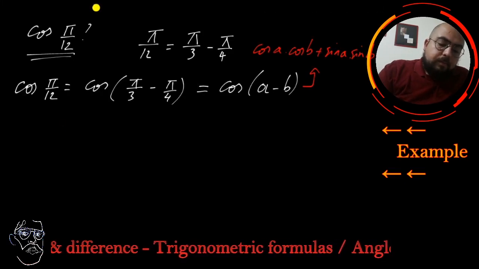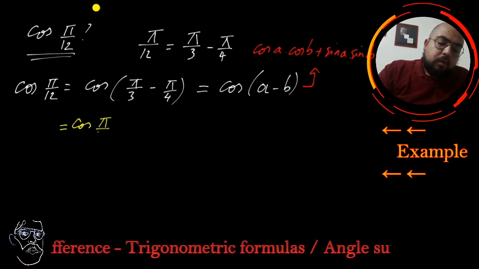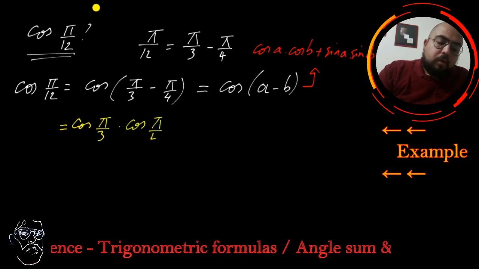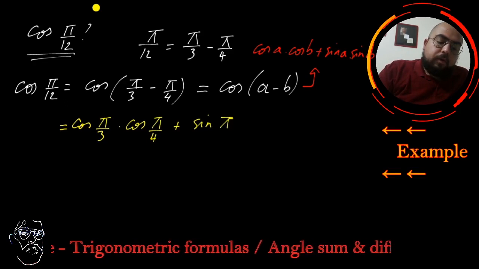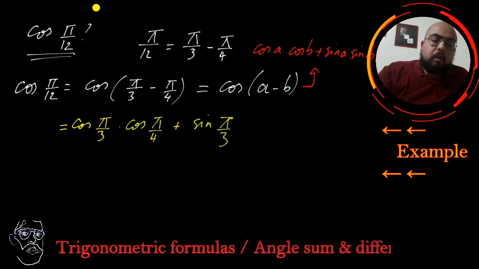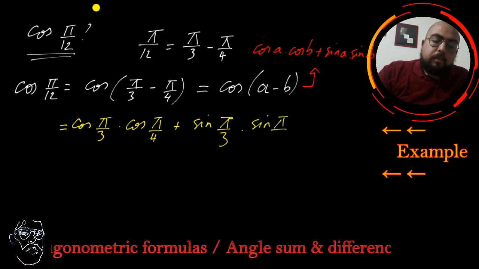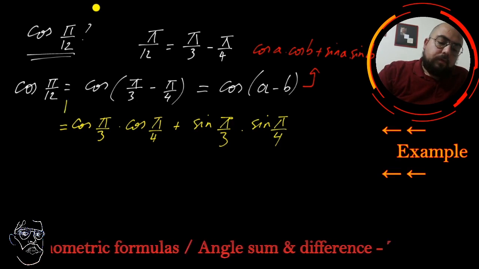I will have cosine of pi over 3 times cosine of pi over 4 plus sine of pi over 3 times sine of pi over 4. Alright, so this is equal, of course.